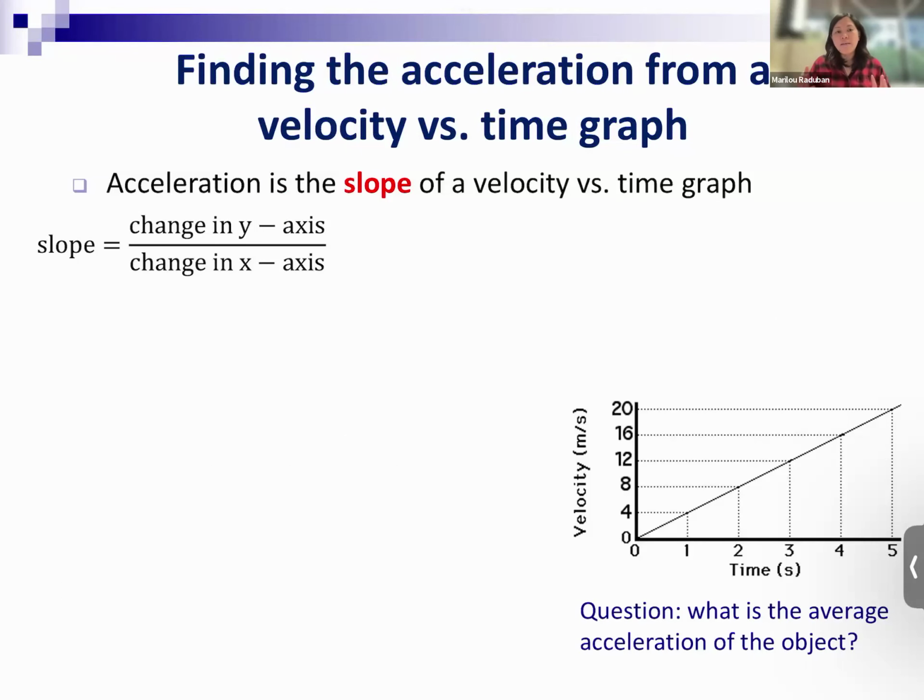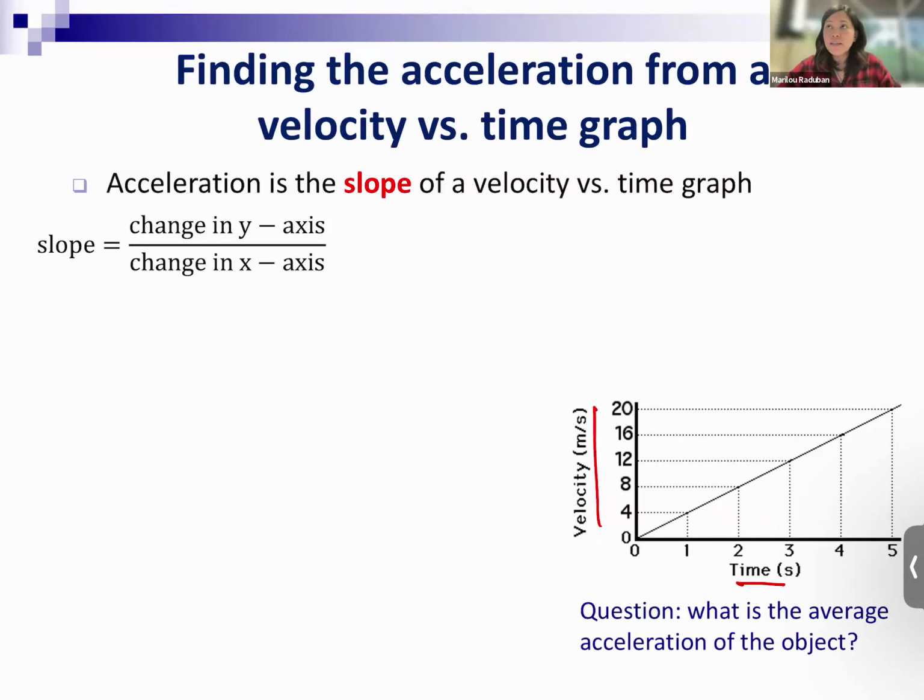So we can do the same thing if we are given a graph that shows the velocity of an object on the y-axis. Like this graph shown here, the y-axis is velocity in meters per second, and the x-axis is time in seconds.